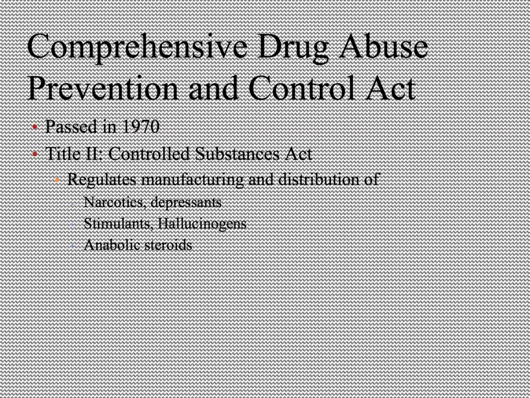This regulates manufacturing and distribution of narcotics, depressants, stimulants, hallucinogenics, and anabolic steroids. This Controlled Substances Act requires pharmaceuticals to maintain physical security and strict record keeping of these controlled substances.